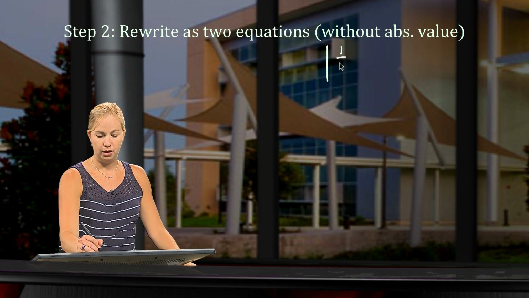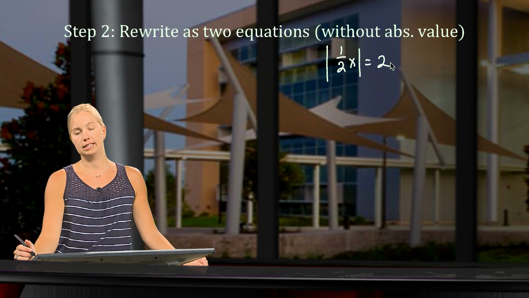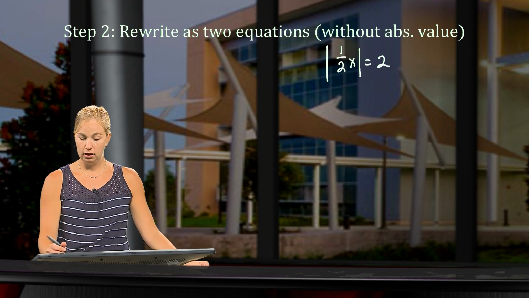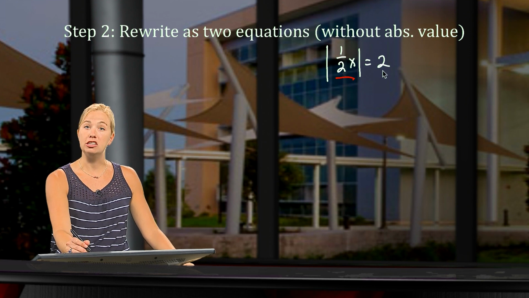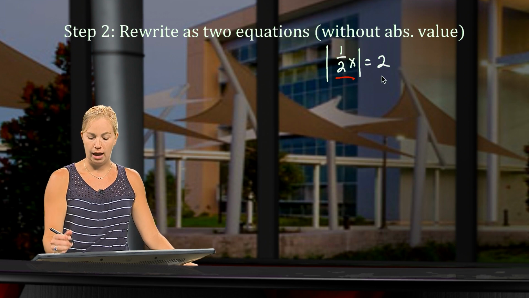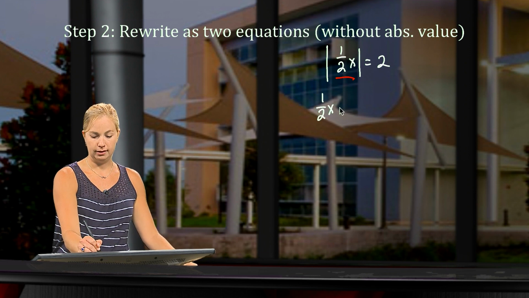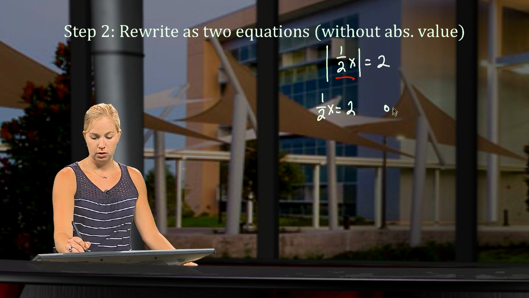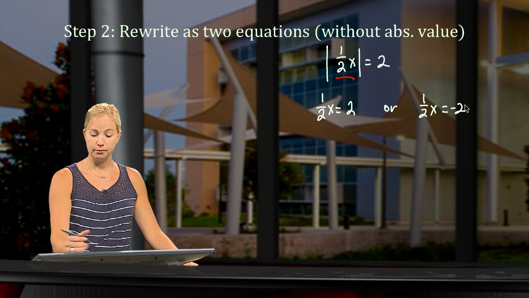Rewriting that, the absolute value of 1/2 x equals 2. Now we're going to take this and rewrite it as two equations. What this is saying is that 1/2 x is exactly 2 units from 0, which means that it could be 2 or it could be negative 2, which sets up our two equations without absolute value. 1/2 x equals 2, or 1/2 x equals negative 2.